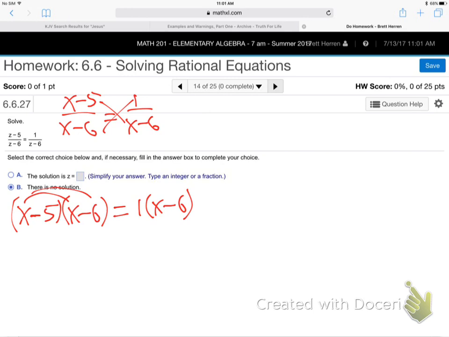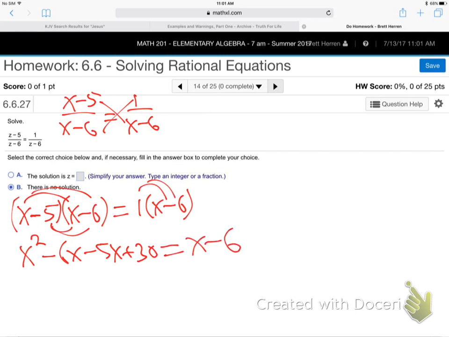I'm going to pretend I didn't see that, but that'd be nice savings. X squared minus 6x minus 5x plus 30 equals x minus 6. I'll just do it the long way because that's probably what most people would notice. Is that good to there?